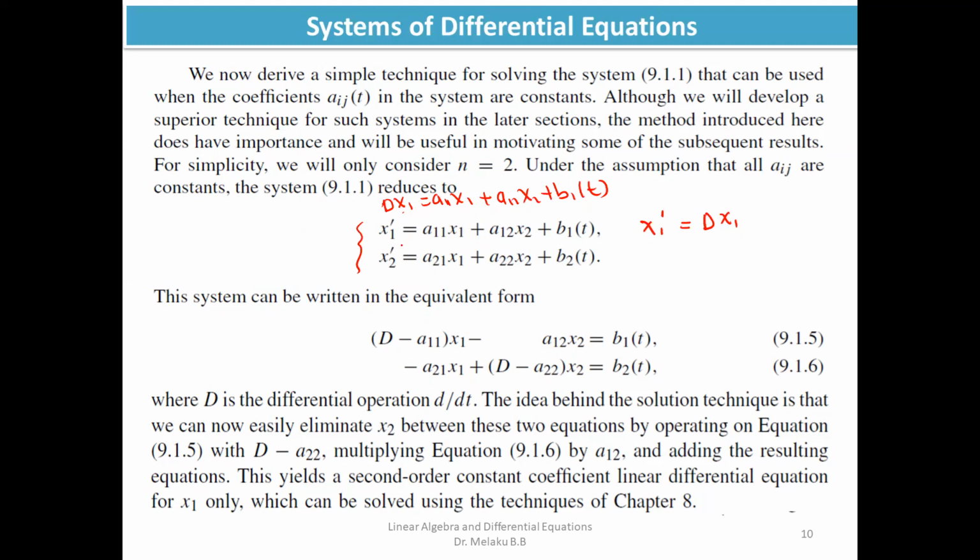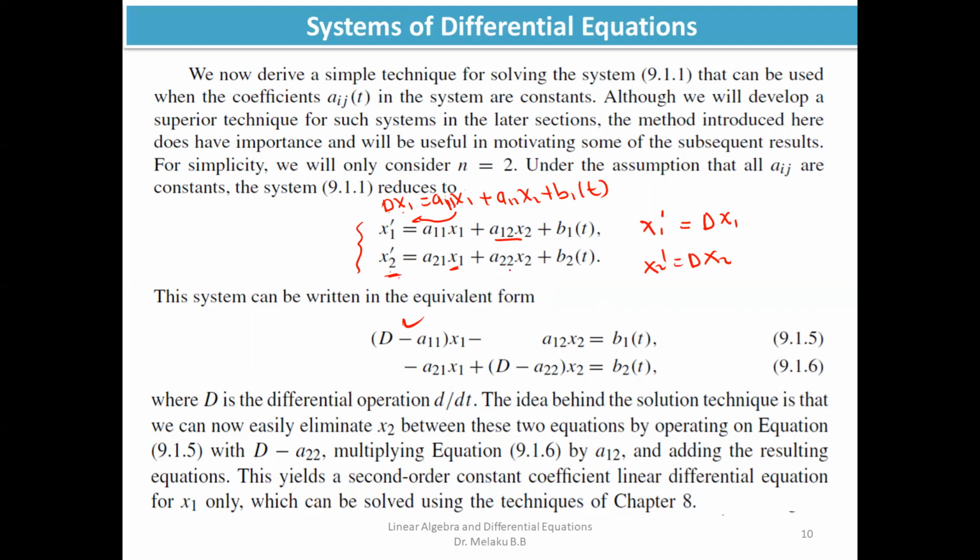Then, if you take this to this side, it will be (D minus a11) x1 minus a12 x2 equal to b1(t). And here also, because we have x2 bar, it means D times x2.